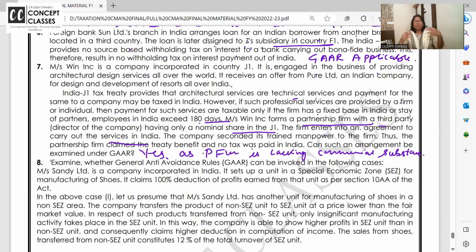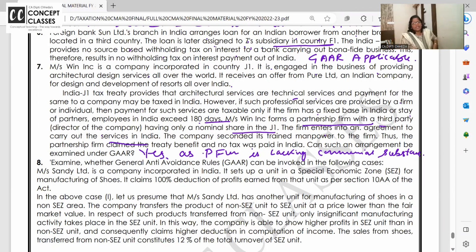Why did you make foreign company? If you render architectural services in India, help us make resorts in India, you'll have to pay tax in India because this income you have earned through India, residential status. But you are doing it through a partnership firm जिसका 180 days से कम है attendance India में and all, and then whatever we pay to partnership firm it's exempt.